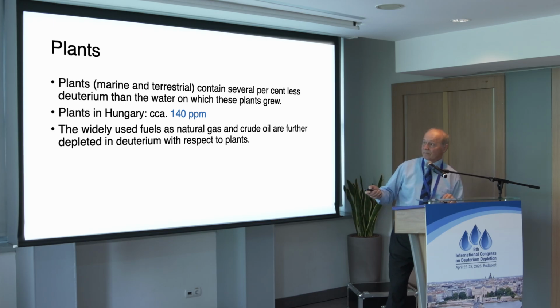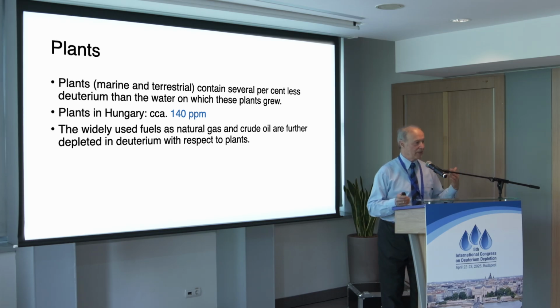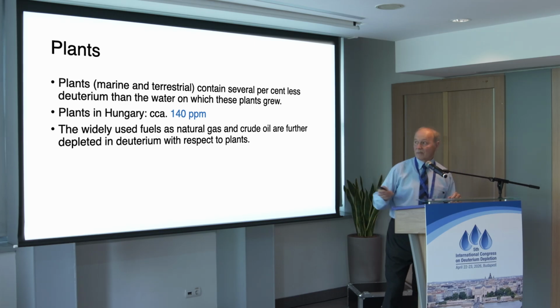And the plants in Hungary contain about 140 ppm. So when you consume vegetables, its deuterium content is about this value. Not exactly, but around this value. There are differences between the different plants, of course.